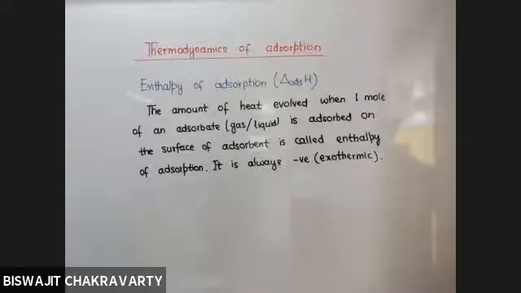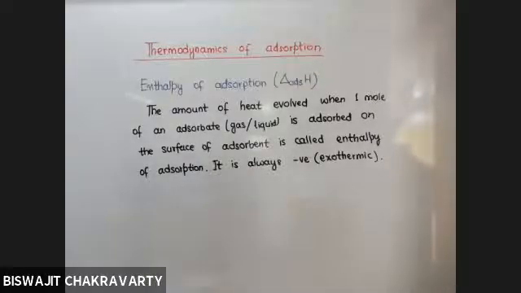Similarly, whenever the adsorbate sits on the surface of adsorbent, in return, it has to release some amount of energy, and that energy released when adsorption occurs is referred to as enthalpy of adsorption. Is it understood? Yes, sir.